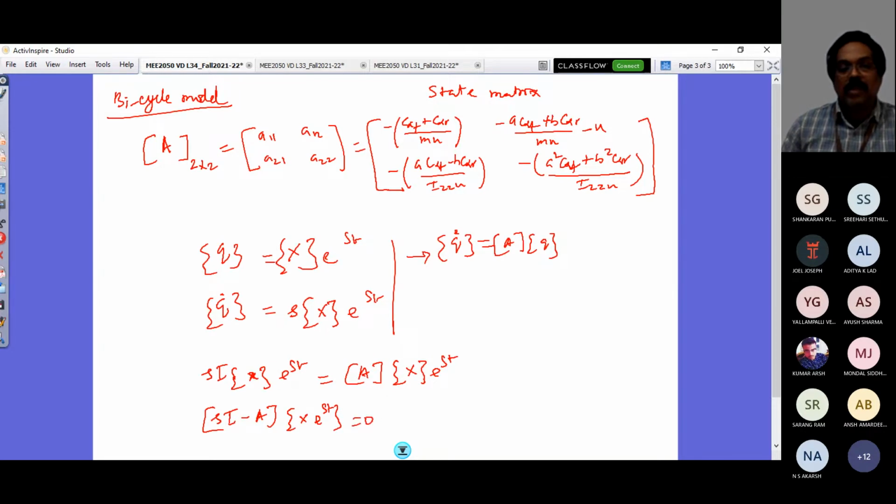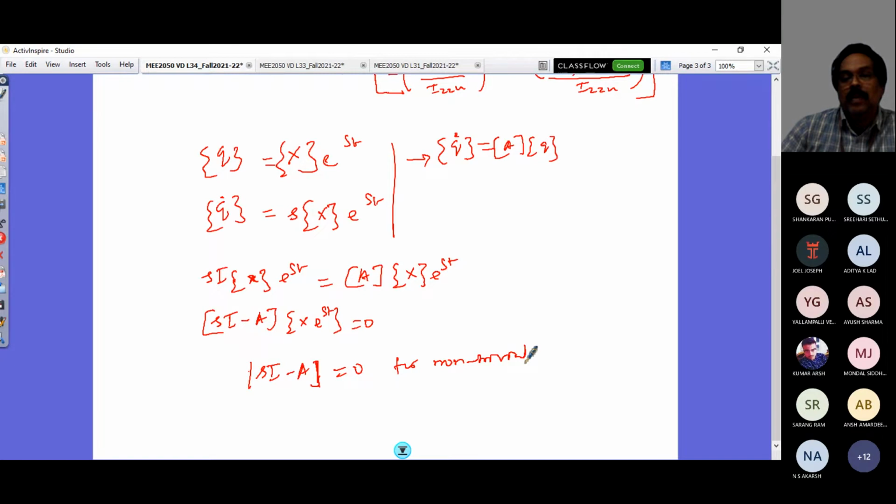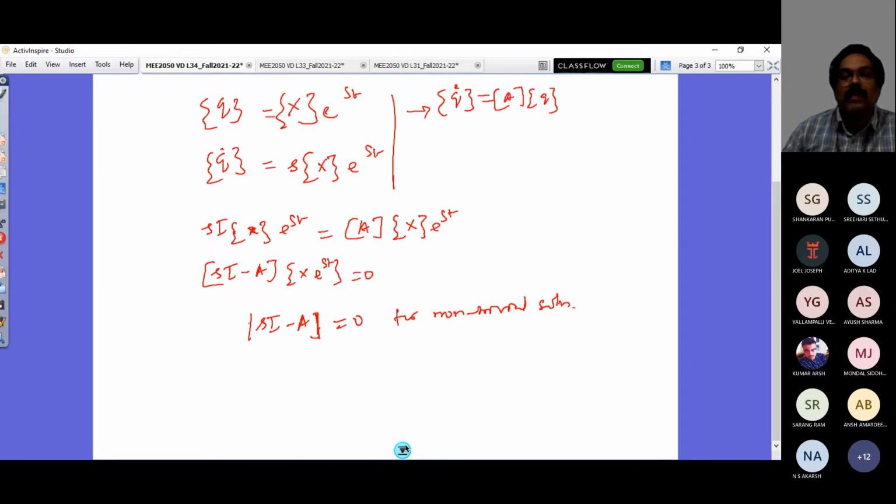So for a non-trivial solution to exist, the determinant of sI minus A, right? So the determinant of sI minus A equals 0 for a non-trivial solution to exist.